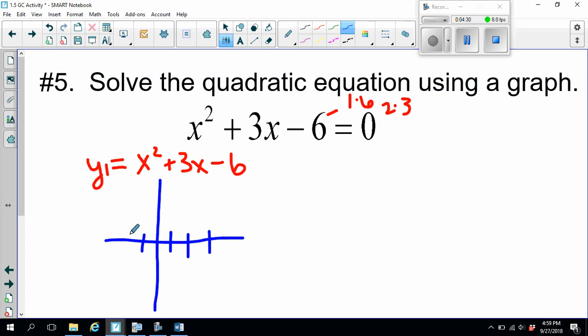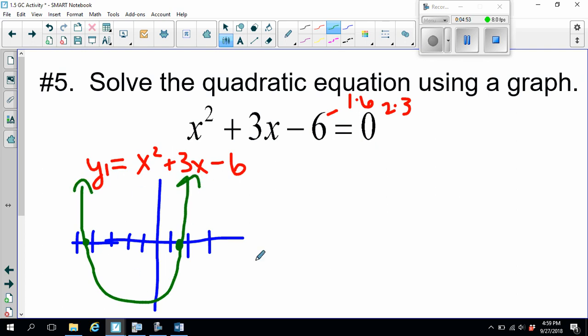I need 1, 2, 3, 4, and 5, because remember it's between those 2. One of them was between 1 and 2 on our x, and the other one was between -4 and -5. And then here we just sketch it. Boom. I know this kind of looks wider than what we have, but remember, this is a sketch, so it doesn't need to look perfect.